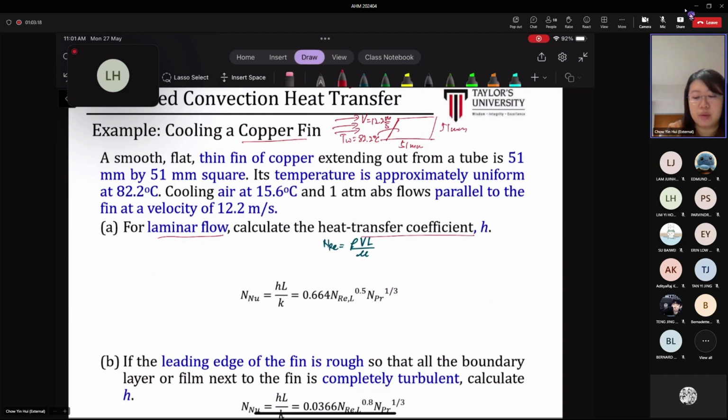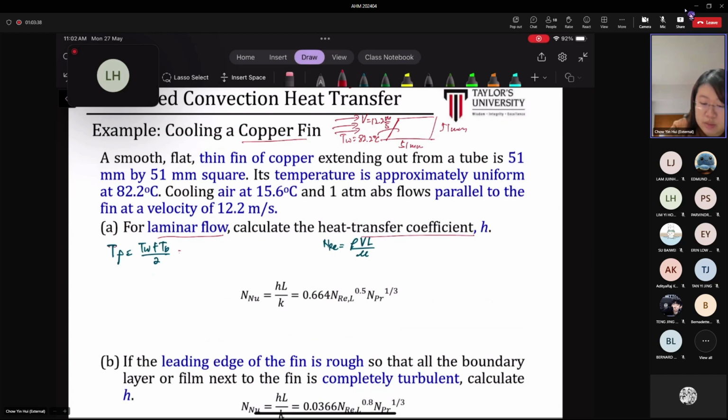Before we can substitute the fluid property values, we need to find the film temperature, which equals the wall temperature plus the bulk fluid temperature divided by 2.